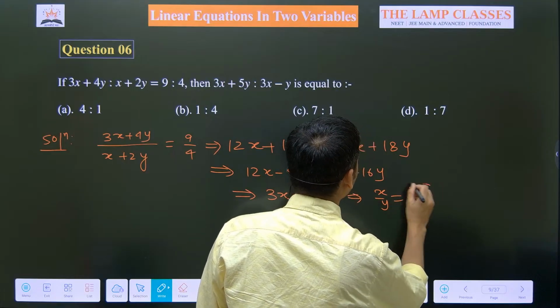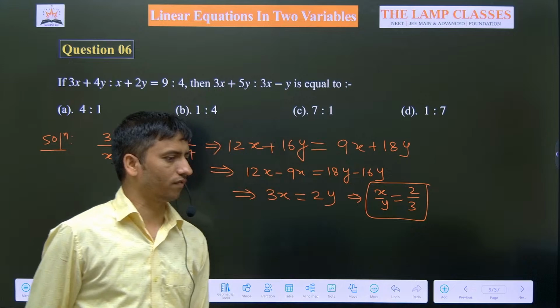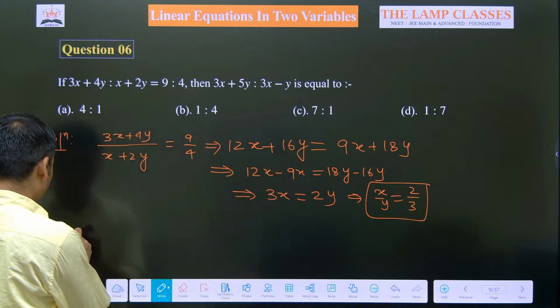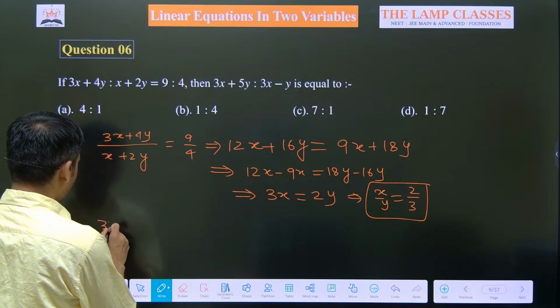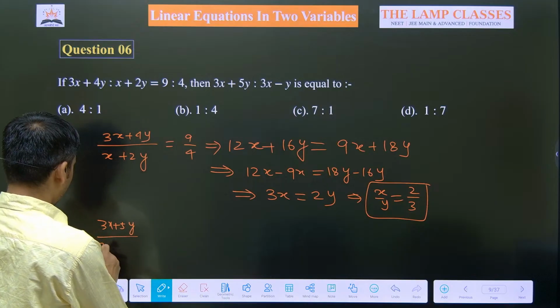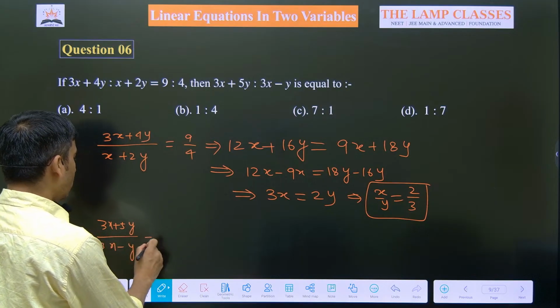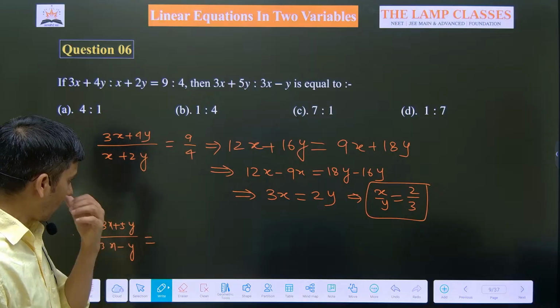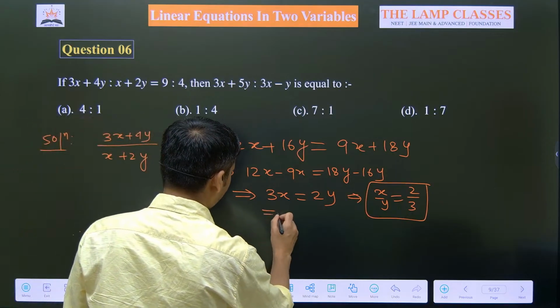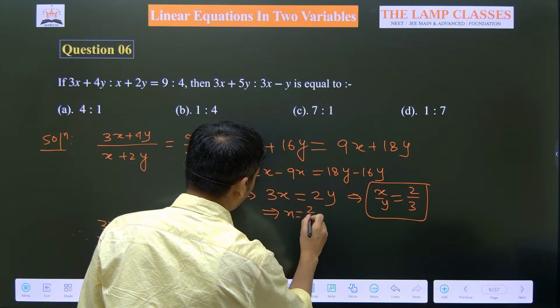In fact, many times they might just ask you to find out the ratio of x and y, guys, okay? So that will be the answer in that case. But here they have asked 3x plus 5y upon 3x minus y. What you do, either you replace x in terms of y or y in terms of x here, okay? So if you want here, x is actually 2 upon 3y.